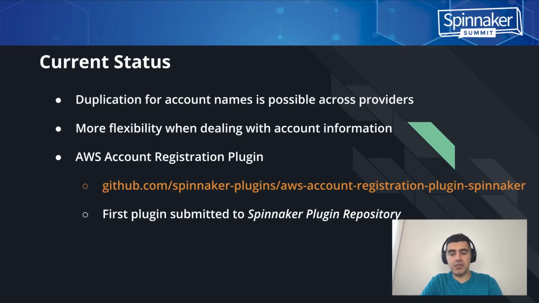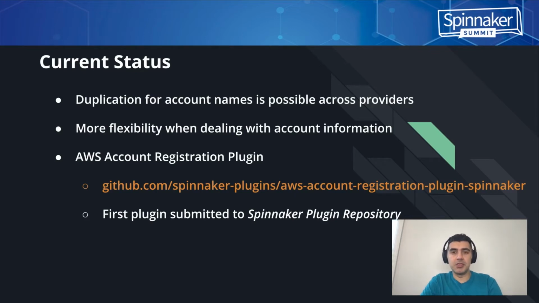We have in fact implemented an end-to-end version of this full customization in the AWS account registration plugin for Spinnaker. This is something that we did in collaboration with Autodesk, and the plugin introduces a schema for providing account information from external sources to Spinnaker. It implements a parser and a loader to pull this information into Spinnaker, and eventually piggybacks on the account handler for the AWS provider to pull the new account information and make it available to other services in Spinnaker so that your CloudDriver can in fact deploy to the providers that you have the account information available for.